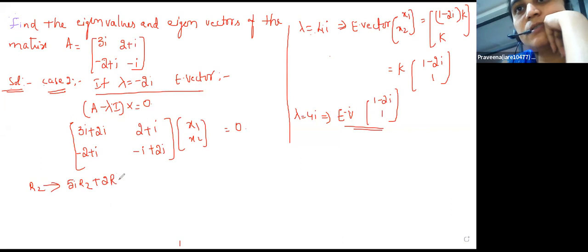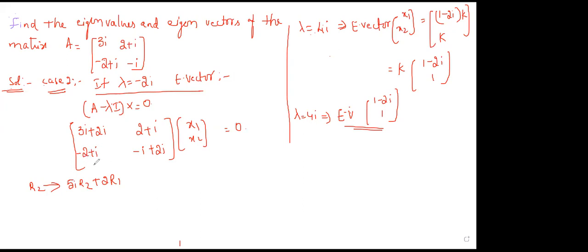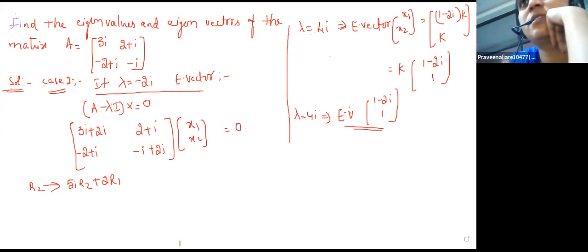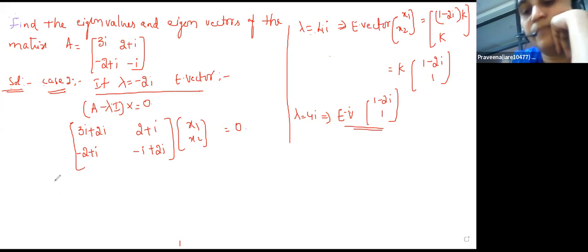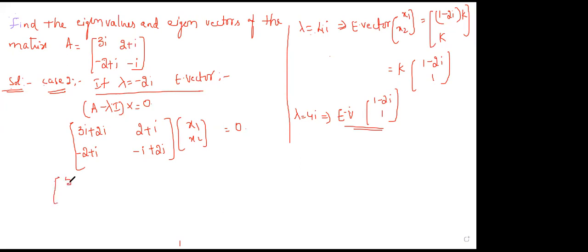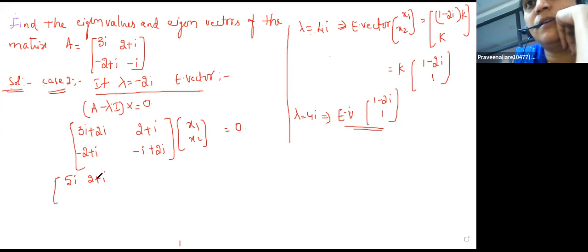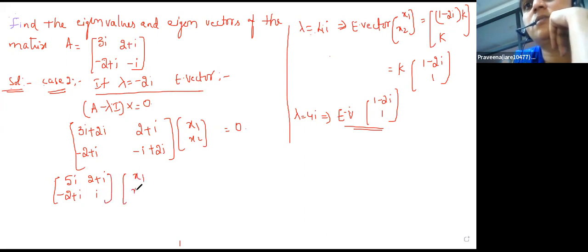Will it become 0 directly? Here 3i plus 2i, that was the first step I wrote. It becomes 5i. So 5i, 2 plus i, minus 2 plus i, into x1, x2 equal to 0.